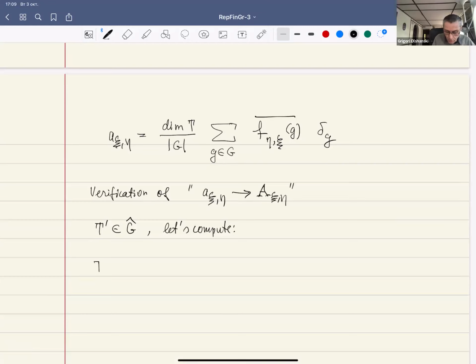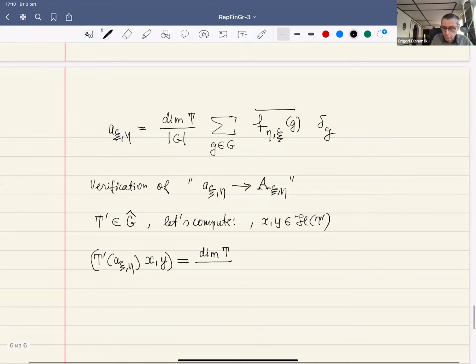Take the image of these operators, of this element in the representation T prime, and take the matrix element. So X, Y are in the space of T prime. And let's compute it. So this is a direct computation from the very definition of this object.